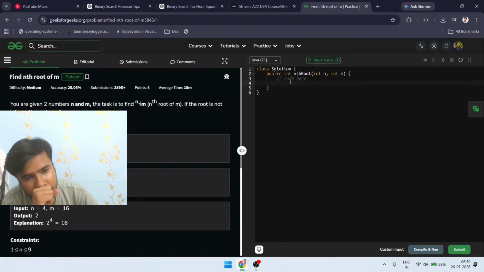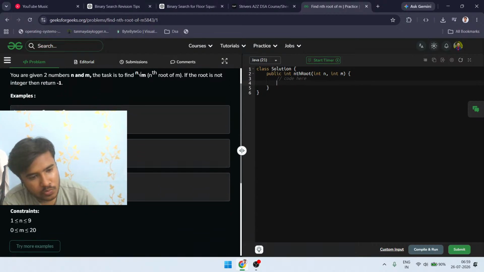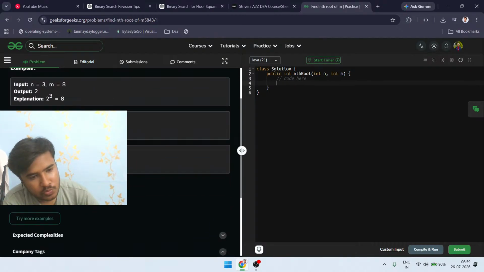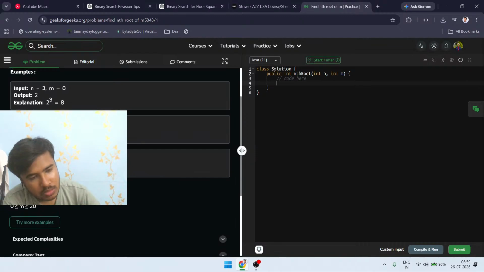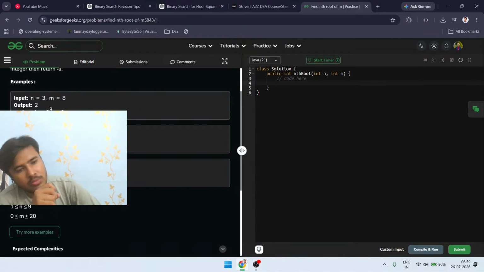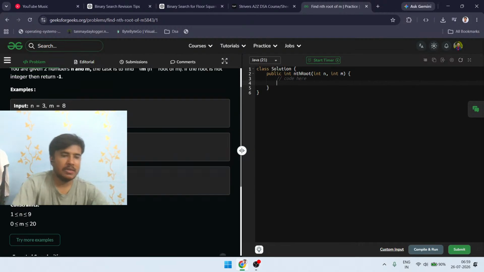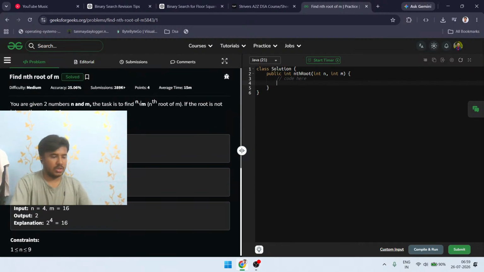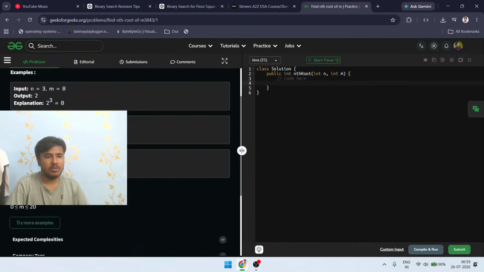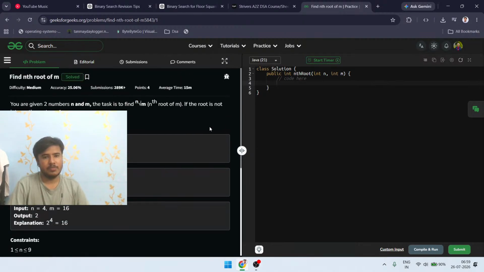Hmm, okay. n will be less than a constraint. Okay, the constraint is there, and n will be less than the constraint. We can do, but still it will be a for loop. Okay, let's try it out.